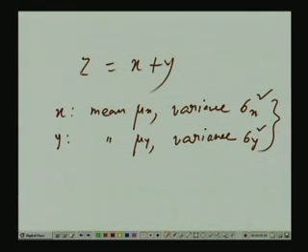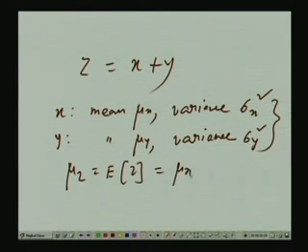Obviously, expected value of z is nothing but expected value of x plus y, and you can use the linearity of expectation operator. So, that is nothing but expected value of x plus expected value of y. So, obviously, mu z, which is nothing but E of z, is same as mu x plus mu y, that comes trivially.